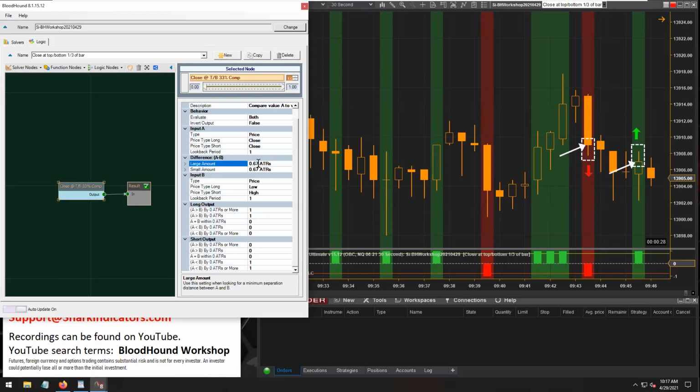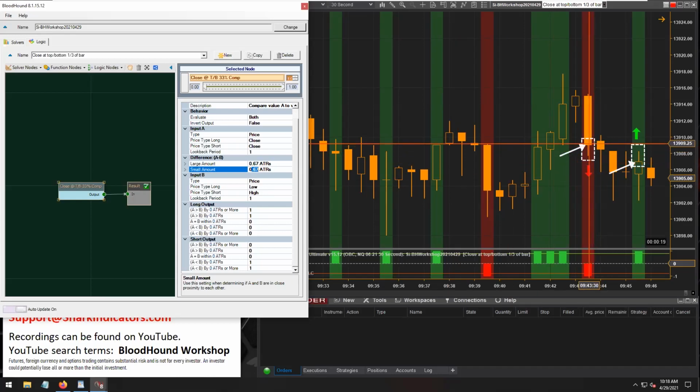What we're putting in here is the opposite, or the remaining percentage, of what we're trying to find. So again, if we're trying to see if the bar is at the bottom third, then we take 100 minus a third, which leaves us with 0.66 or 66%. Well, 67%. There we go.